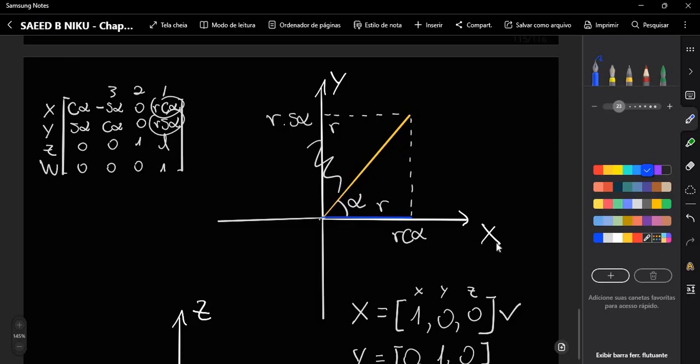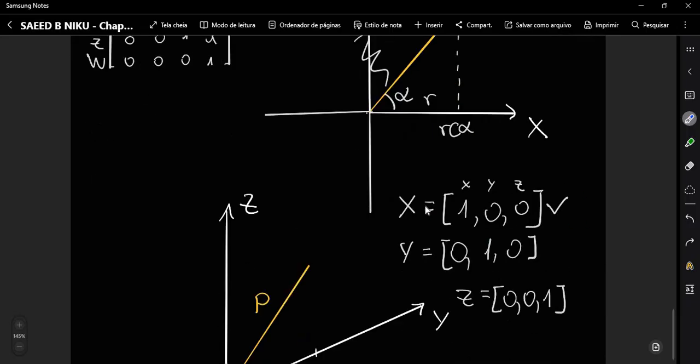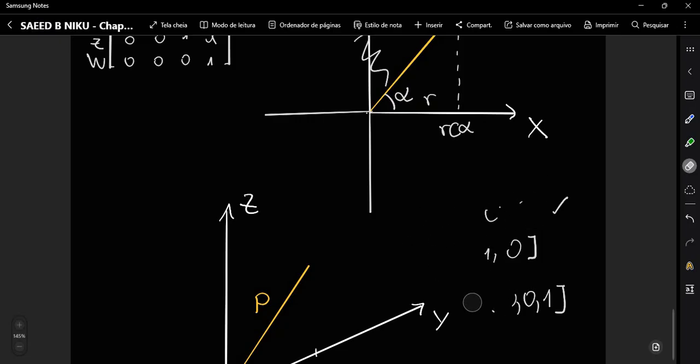I'm just trying to remember some linear algebra theory. And that is the same for the other axes or vectors, doing this analogy.